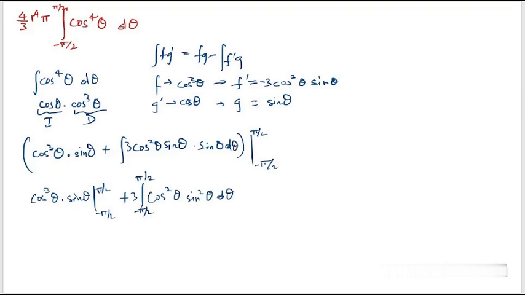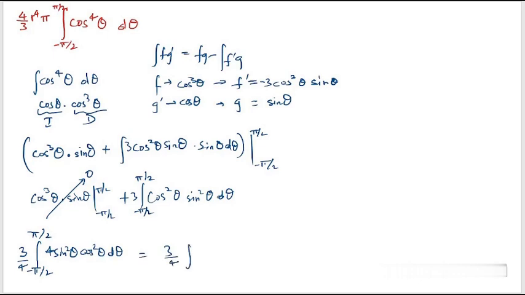Yes, we multiply by 4 and divide by 4. So okay, first let's substitute this. When we put pi by 2, cos becomes 0. When we put minus pi by 2, cos becomes 0. Hence, we end up with 0. Now for the next integral, we have 3 times the integration of minus pi by 2 to pi by 2, 4 as I said, sine square theta cos square theta d theta.